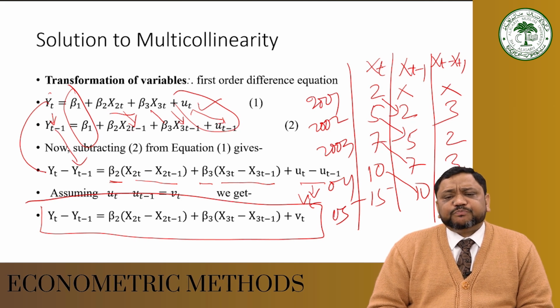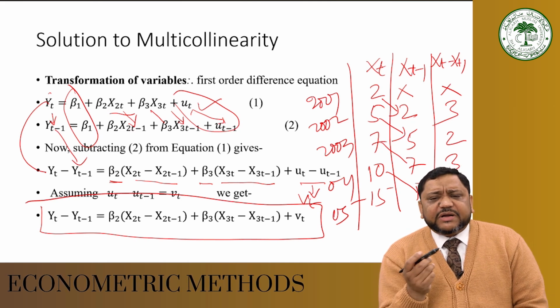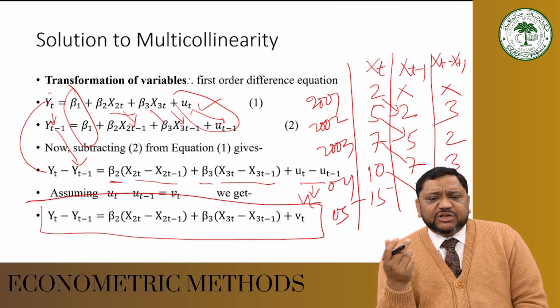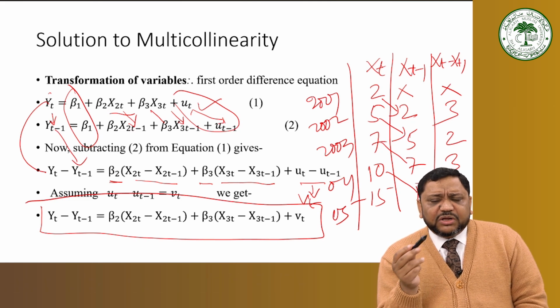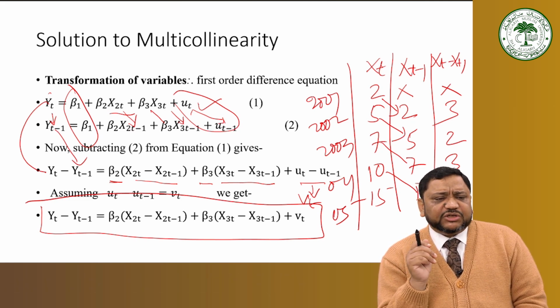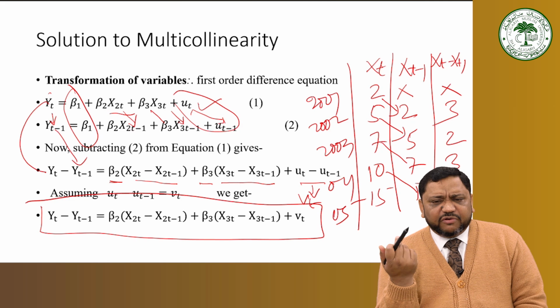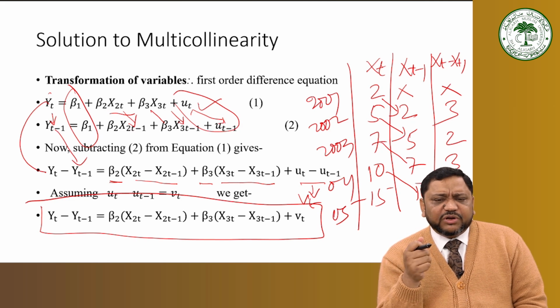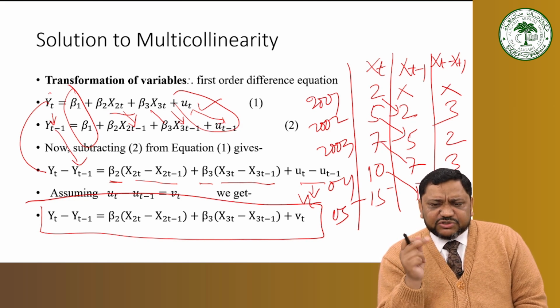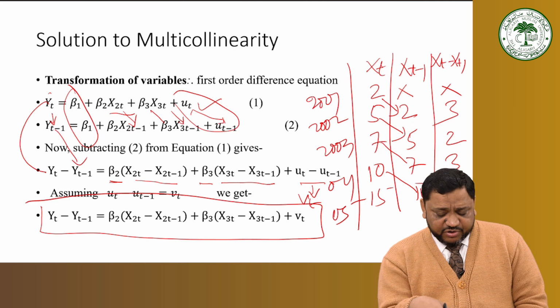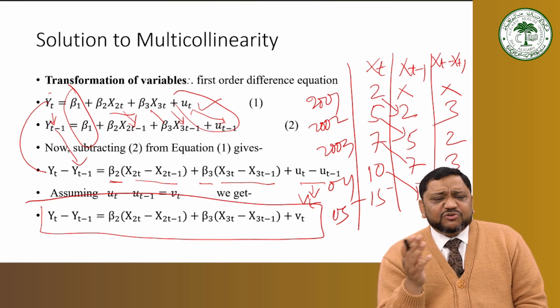Say we have time series data on consumption expenditure, income and wealth. Both income and wealth move in the same direction over time, which will obviously lead to the problem of multicollinearity. Now, when we take the first order difference equation like what we have seen, it reduces the severity of multicollinearity.